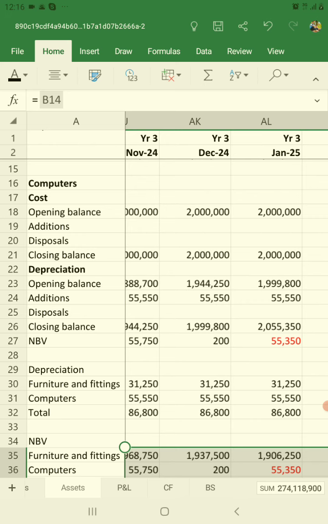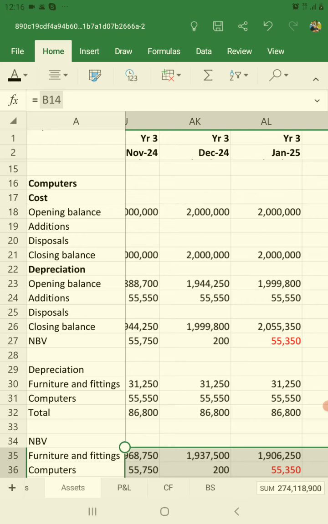We assume that it is fully depreciated, so we are going to dispose it at its cost value. We don't consider any gain or loss on disposal. We simply assume what we have purchased, and when the asset is fully depreciated, we dispose it at its cost value. Okay, that is the assumption we are going to do for modeling of disposal.